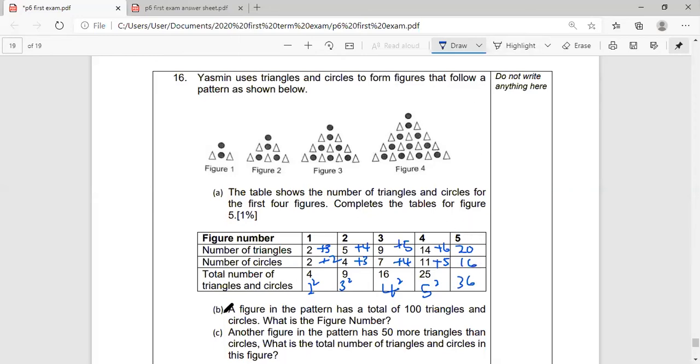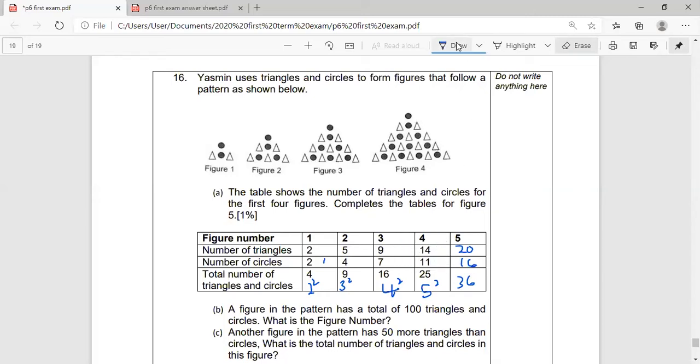Look at question B. A figure in the pattern has a total of 100 triangles and circles. What is the figure number? Now you have to find the relationship between the total number and the figure number. You notice that all the total numbers are square numbers. So let's see the pattern between the figure number and the total number.